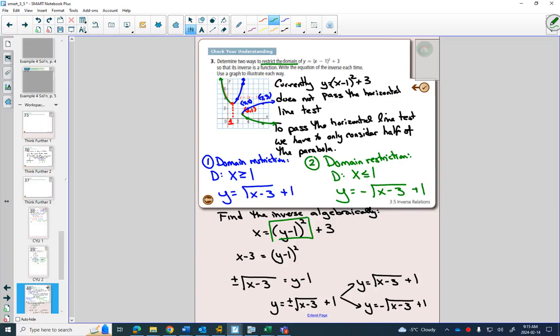Other ways. There's lots of ways on this one where you can see. What do you see? What's that? Check a point. Perfect. So if I plug in 7 into this one, I get 3. If I plug in 7 into this one, I get -1. So we can plug in a point to check.